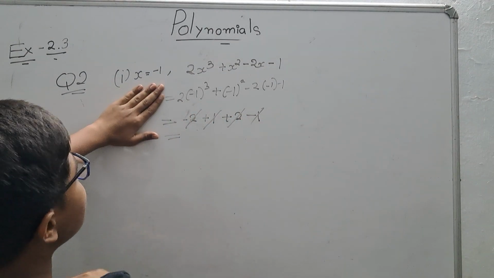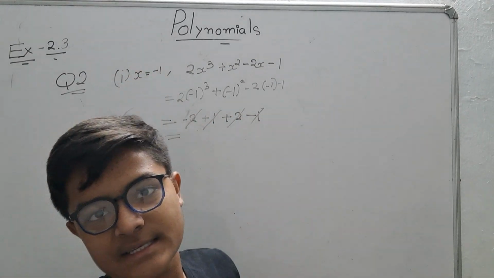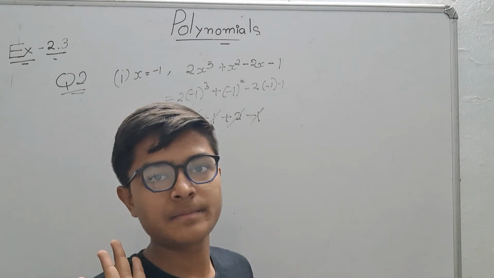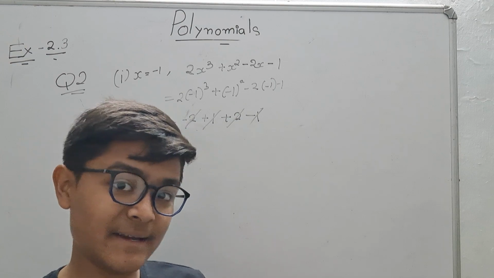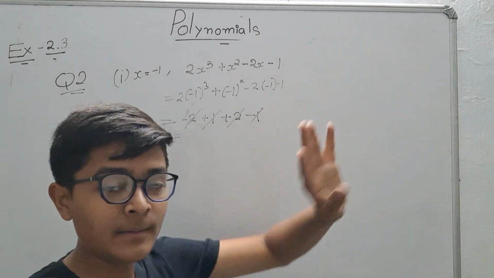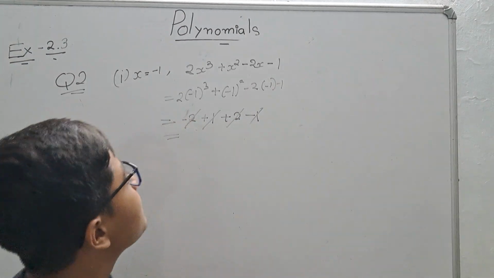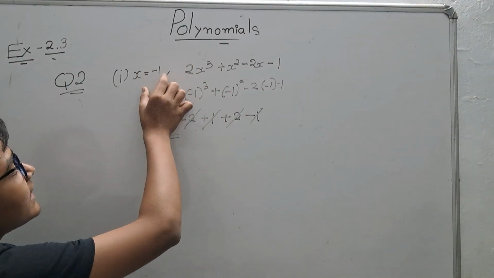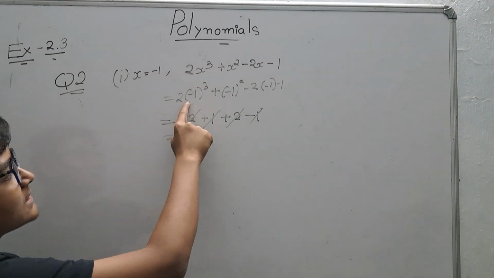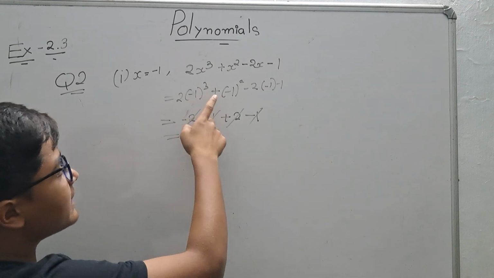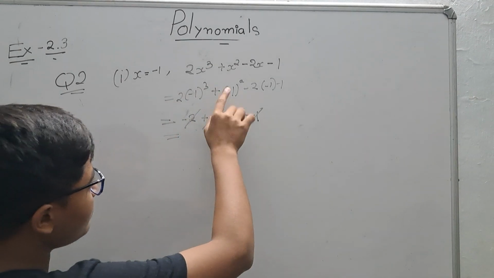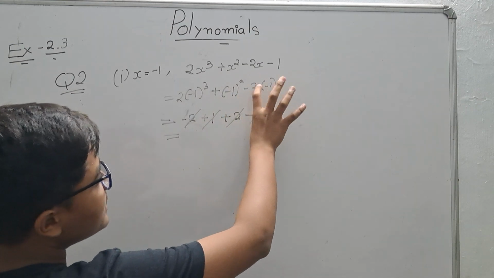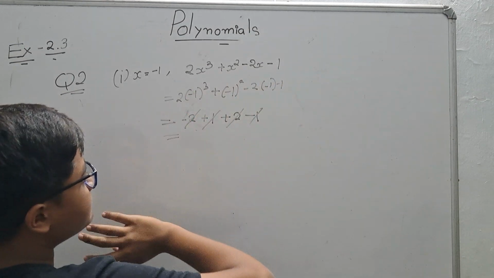In this, they have said x plus 1, so the answer will be x is equal to -1, which I have derived over here. So we will put -1 in place of x. Minus 1 square minus 2 minus 1 minus 1.